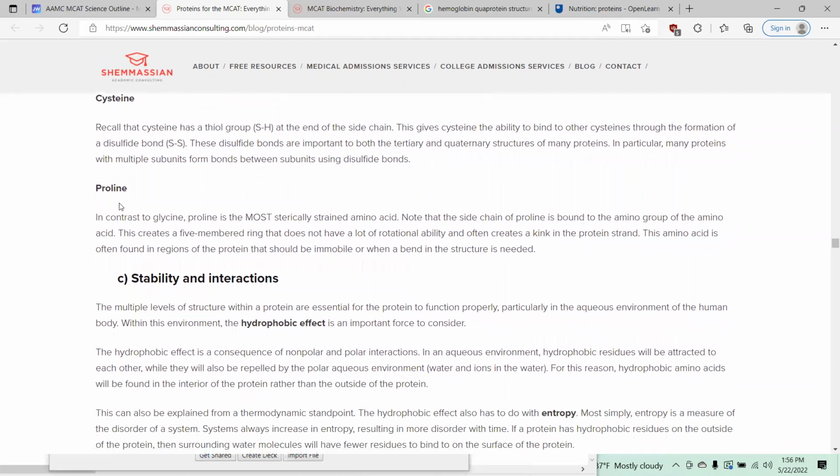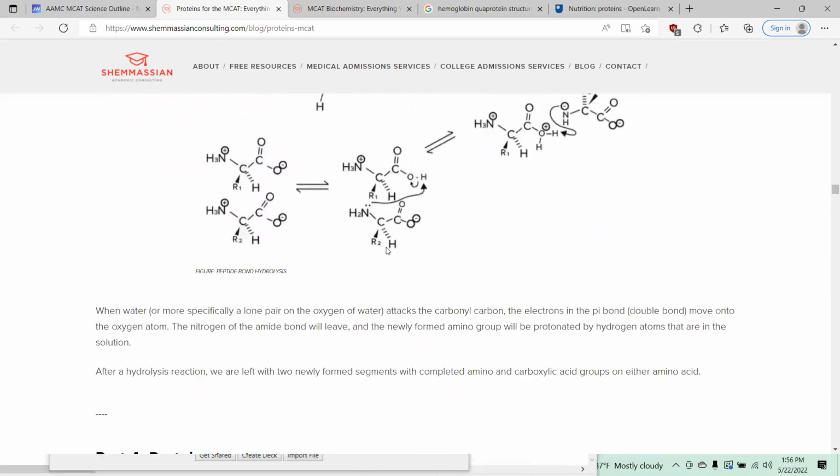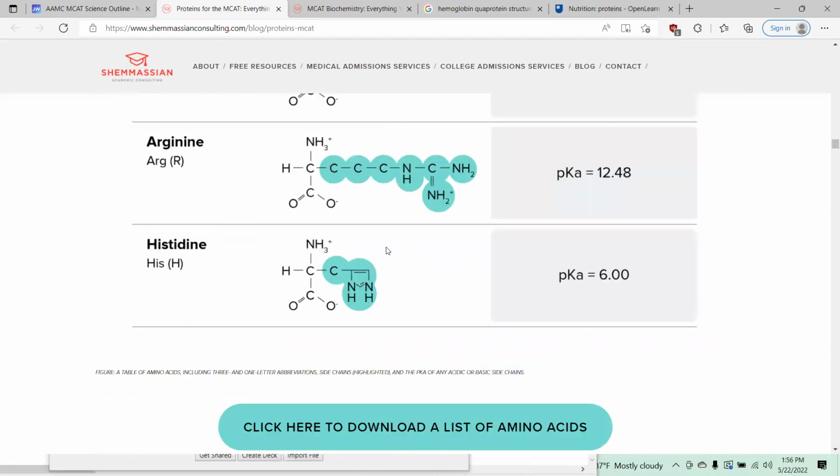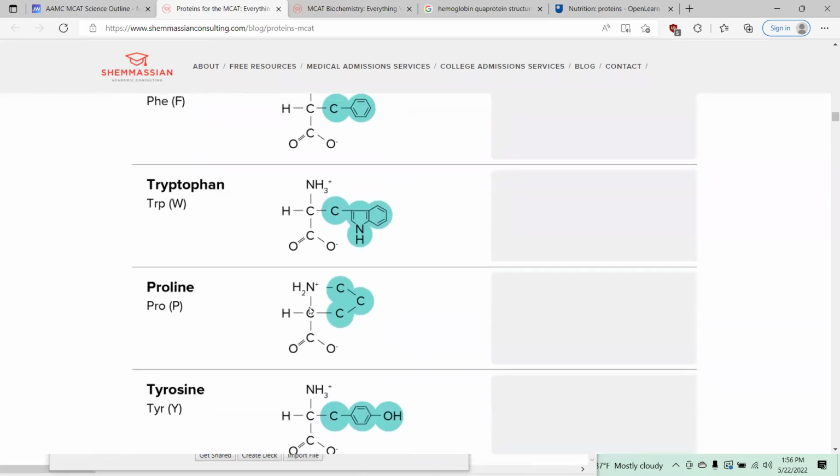And prolines are interesting. Prolines are very sterically rigid. Look at this. The chain comes out here and then attaches back to the amino group.